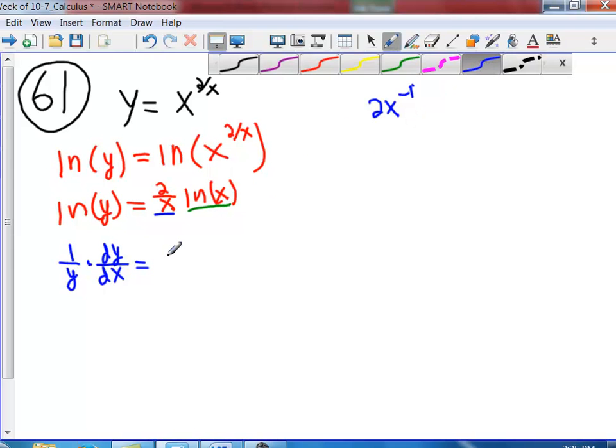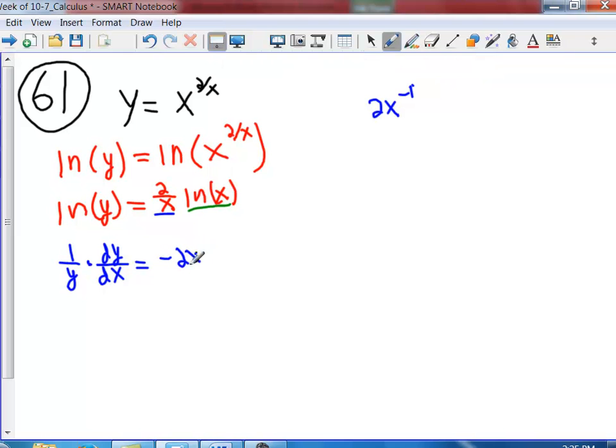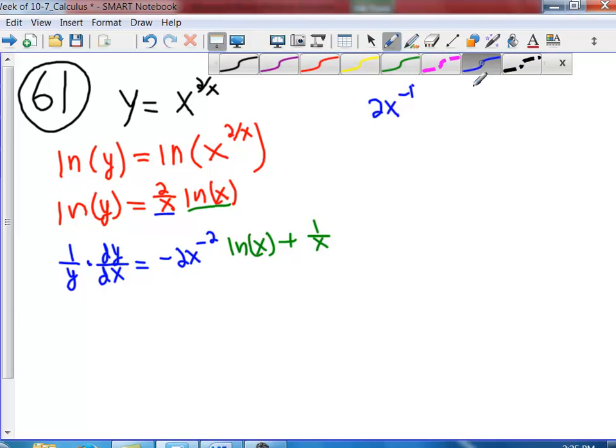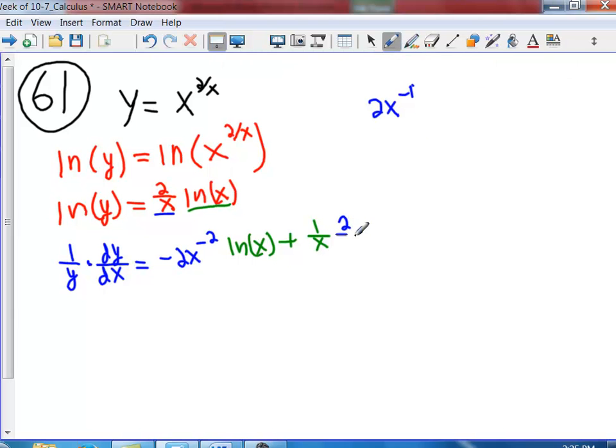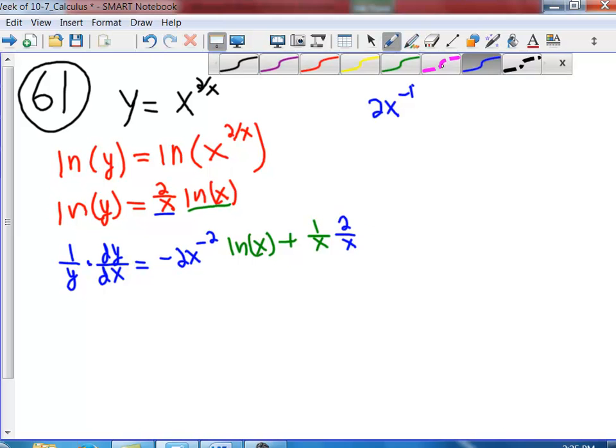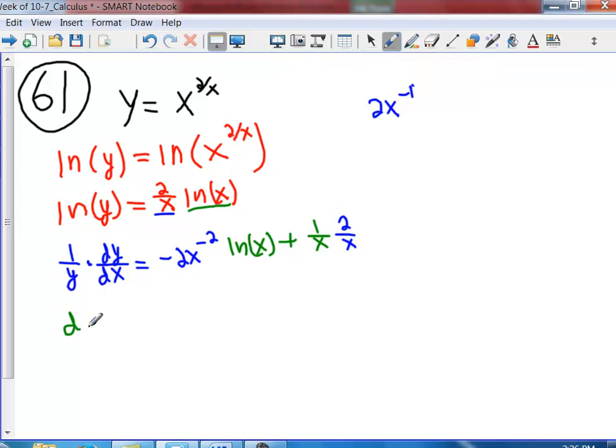So derivative of the first is going to be negative 2x to the negative 2 times the second, which is just ln of x, plus derivative of the second, which is 1 over x, times the first, which is 2 over x.